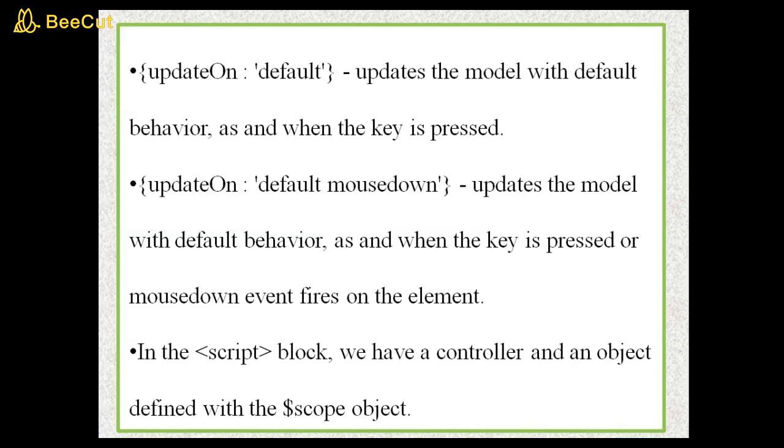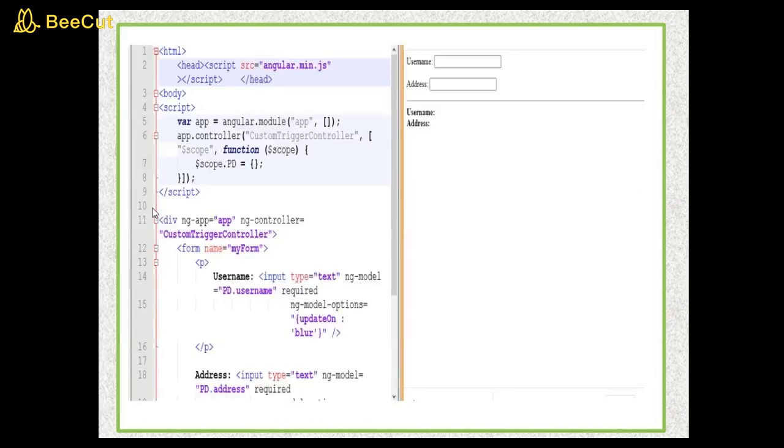In the script block, we have a controller and an object defined with the $scope object. See this example. angular.module method and controller, $scope.pd.